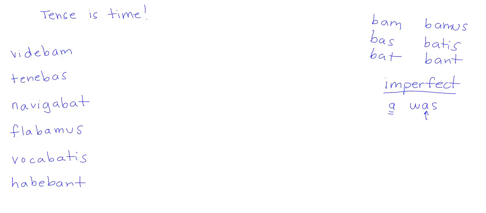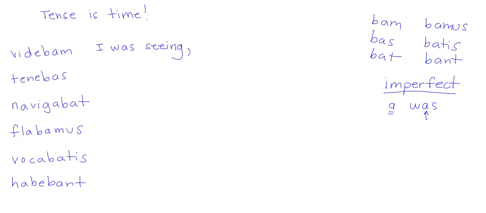So when we go over here and we say videbam, they want us to translate it three different ways. So the first way is the easiest way. I was seeing. There's the was way.